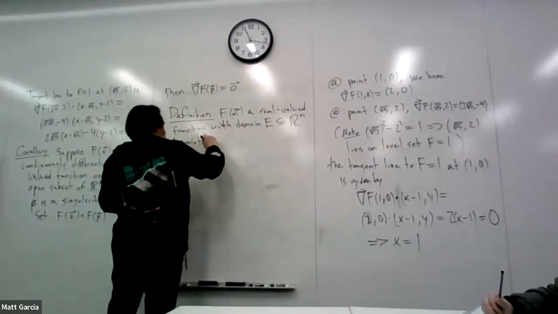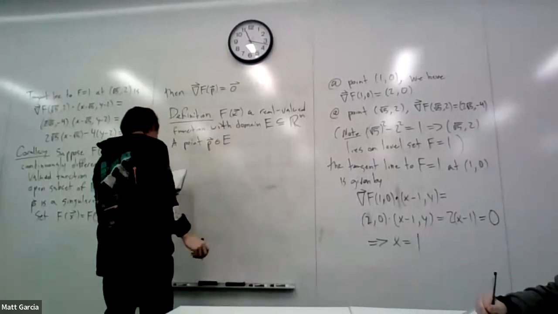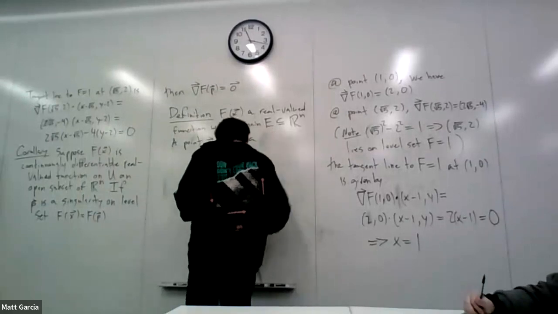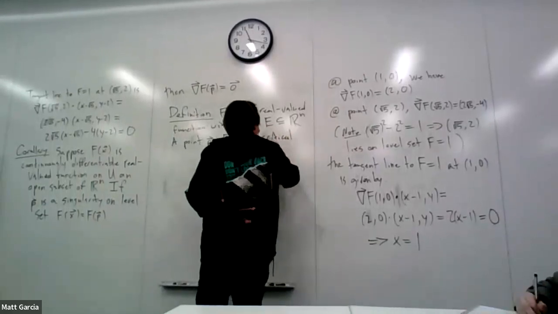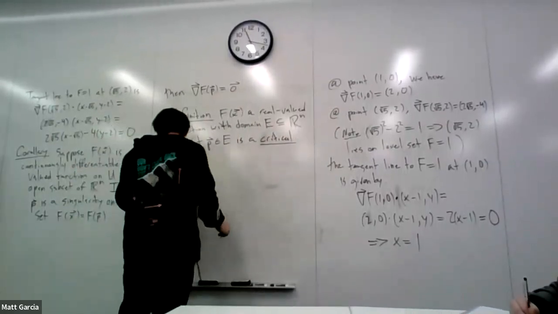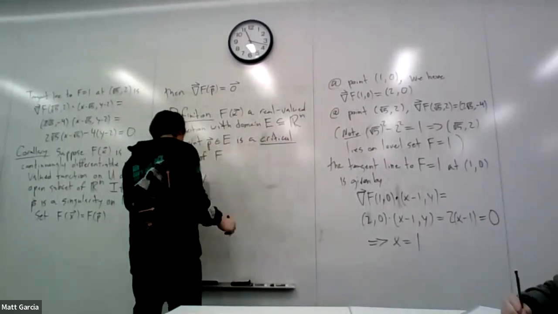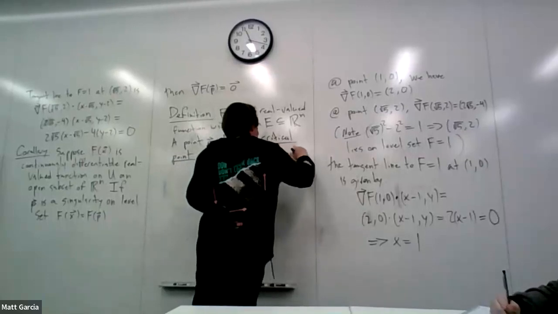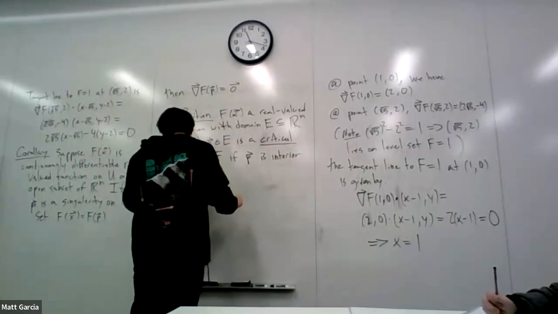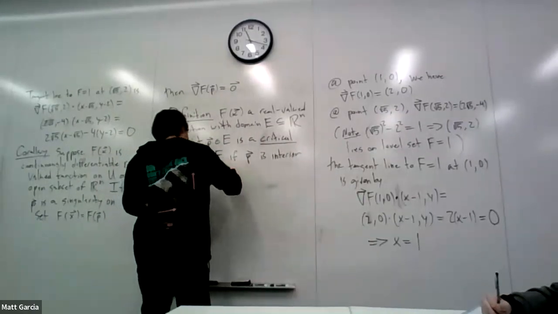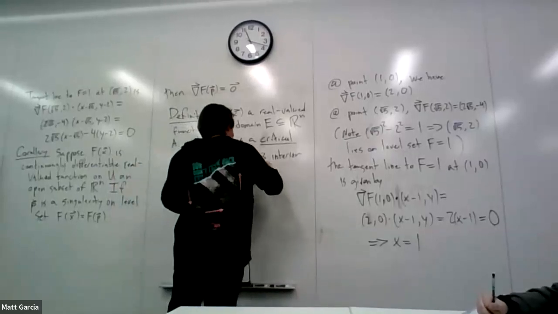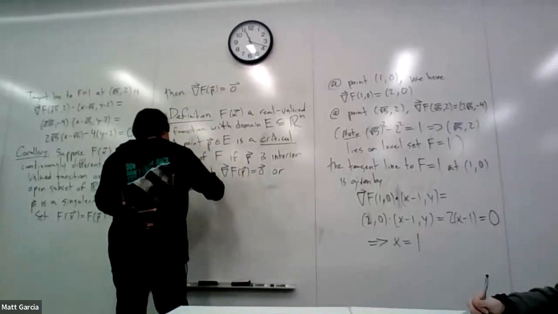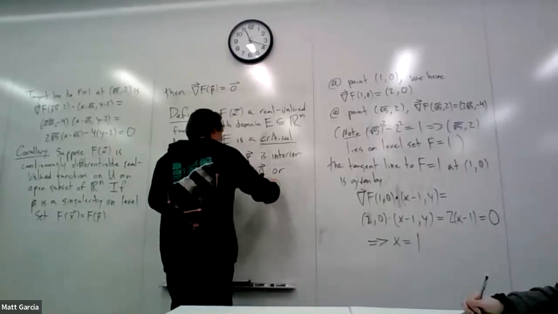A point P in the domain E is a critical point of f if P is interior to E and the gradient of f evaluated at P is equal to the 0 vector, or a point where f is not differentiable.